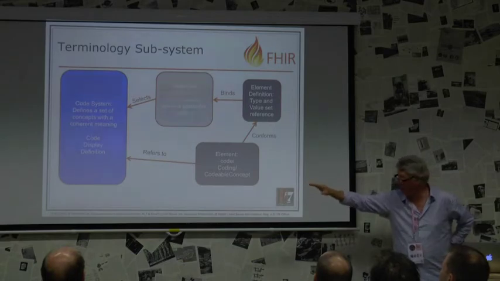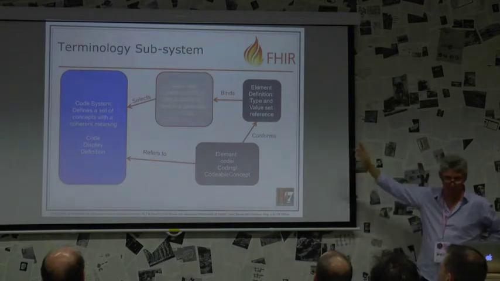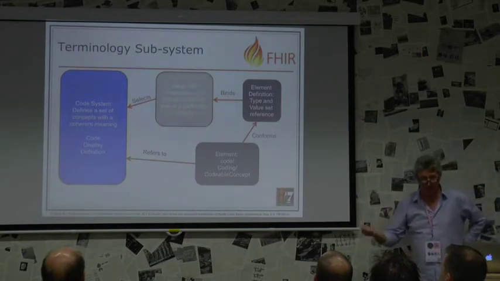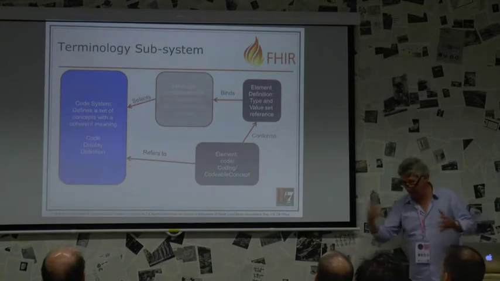It's still a SNOMED code, for example, and then it claims to be conformant to a particular profile. And a reminder that we talk about the term claim conformance, because that's really all it is. It's a resource saying, hey, I'm conformant. If you want to be sure, you've got to go and check it.